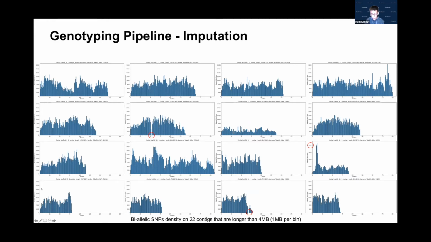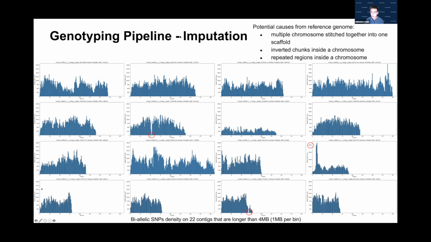Actually, if we go back to these 2 small gaps, and also on that plot, we see a huge peak around location 12.5 megabase. We think the possible reason for those issues is that the new reference genome is not at the chromosome level yet.